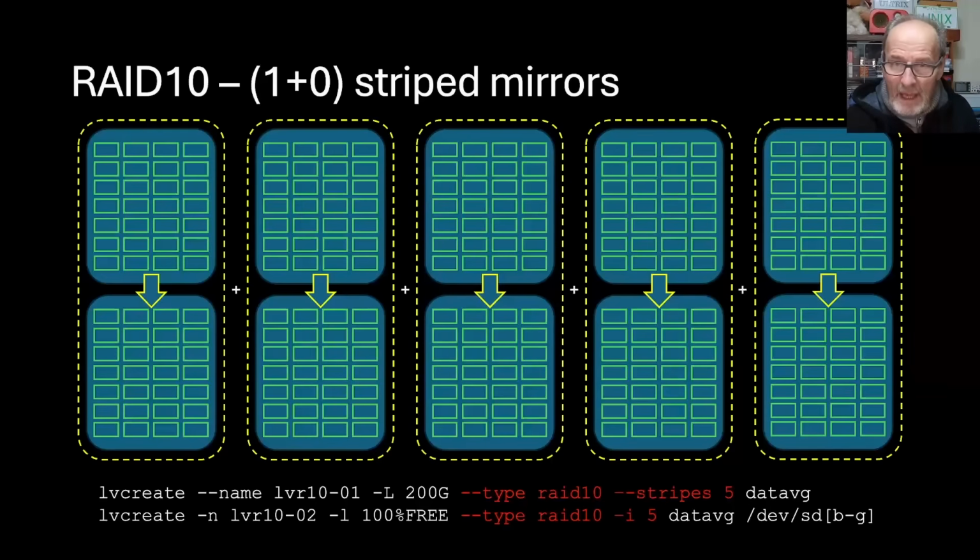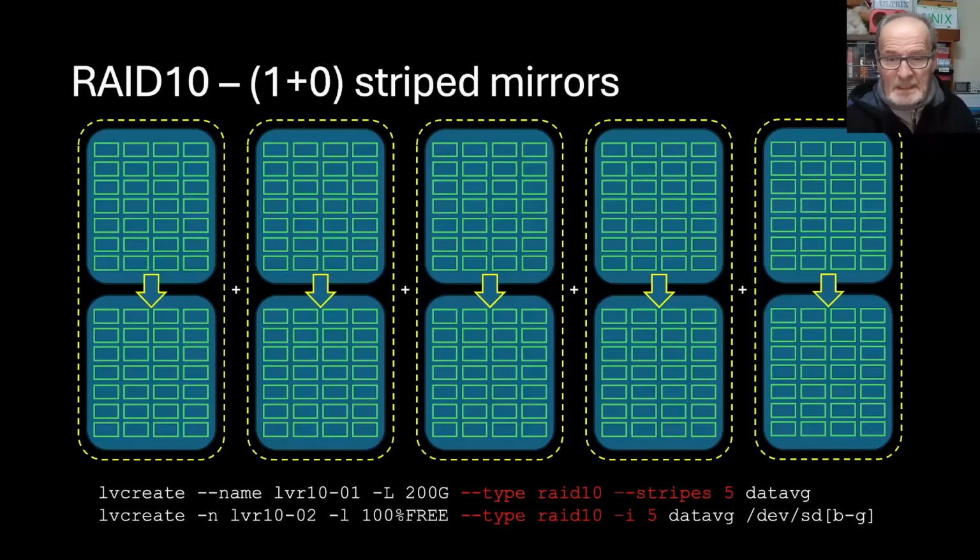We could create, theoretically, but Logical Volume Manager doesn't support it, mirrored stripes, but we want to create striped mirrors for reasons we'll see in a minute. And a striped mirror is what RAID 10 is in Logical Volume Manager. That will give us the benefit of resilience and the performance benefits of stripes.